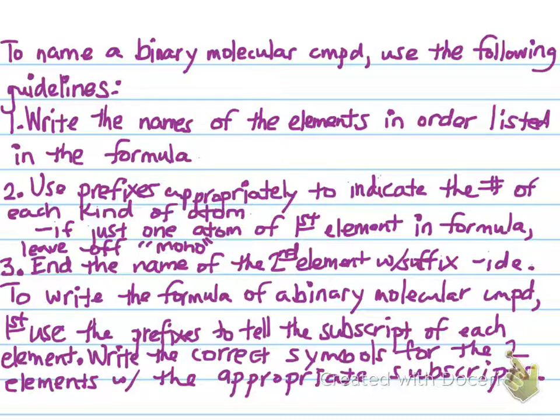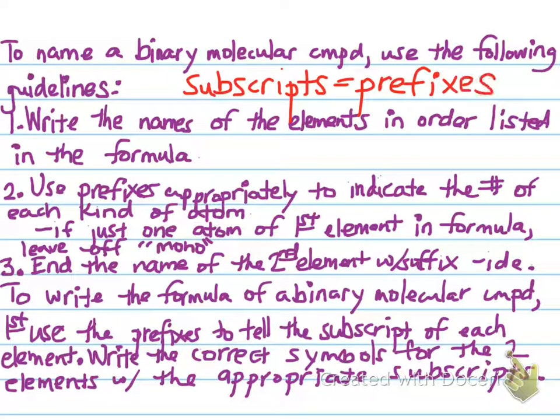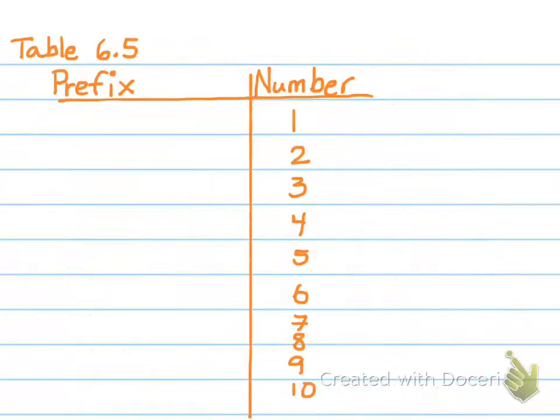If we're writing the formula given the name, the prefixes tell us the subscript of each element, and we write the symbols with the appropriate subscripts. So generally we say subscripts equal prefixes, prefixes equal subscripts.